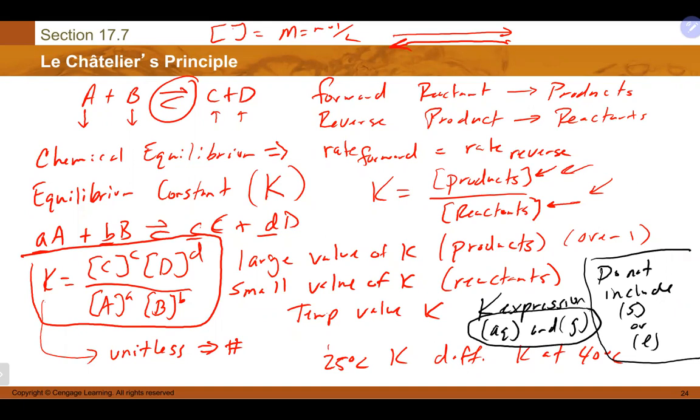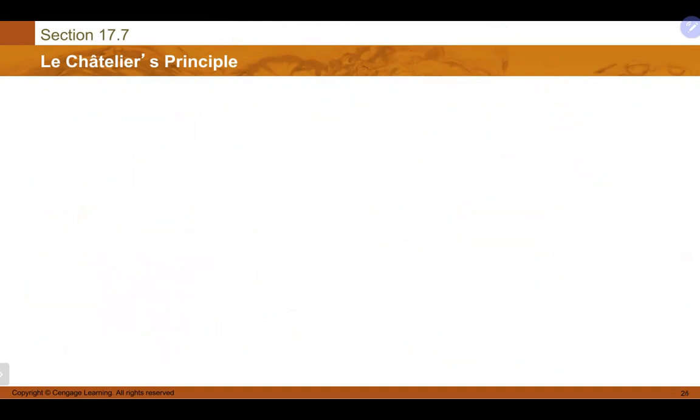Okay, so we'll pick up where we left off. We left off talking about Le Chatelier's principle. Le Chatelier's principle is the idea that you have a system that's at equilibrium, and when the system's at equilibrium, you add some type of stress to it.